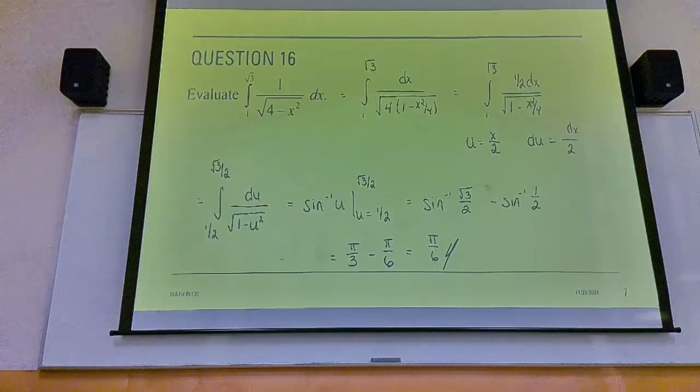So this just goes to show, sometimes u is going to be really obvious. Other times you have to manipulate it to find out what your u is. Finding that u is half the battle.